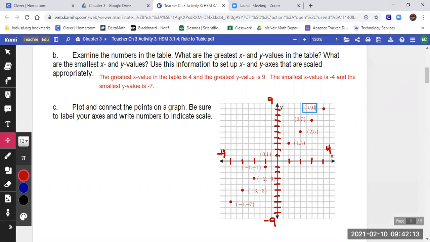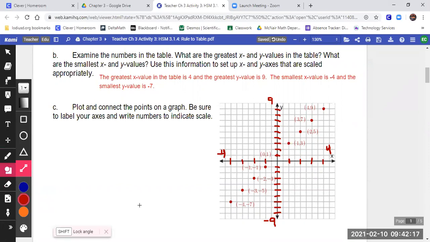Are these part of a word problem? Was there any word problem involved in this question? No. So they did not tell us that these are part of a word problem, so that means we do connect the dots.